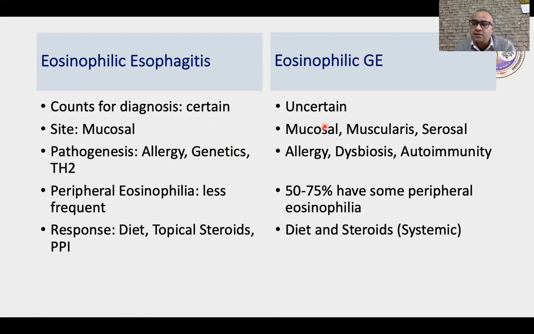In fact, they are variable, and there is a lot of debate about the actual cutoffs. Then, peripheral eosinophilia is very frequent with eosinophilic gastroenteritis, but may not be very frequent with eosinophilic esophagitis. And of course, for treatment, PPIs are one of the agents of choice for eosinophilic esophagitis, but not so for gastroenteritis.